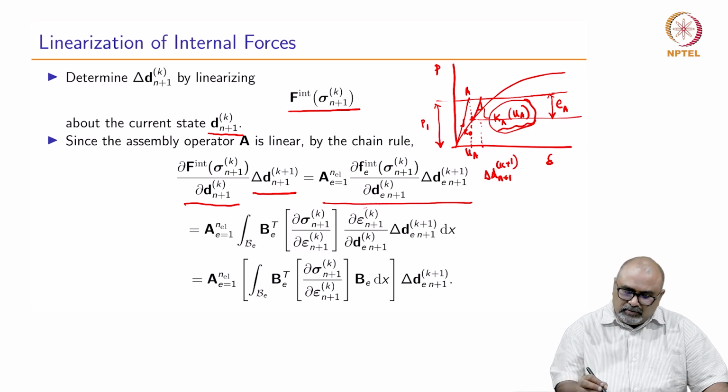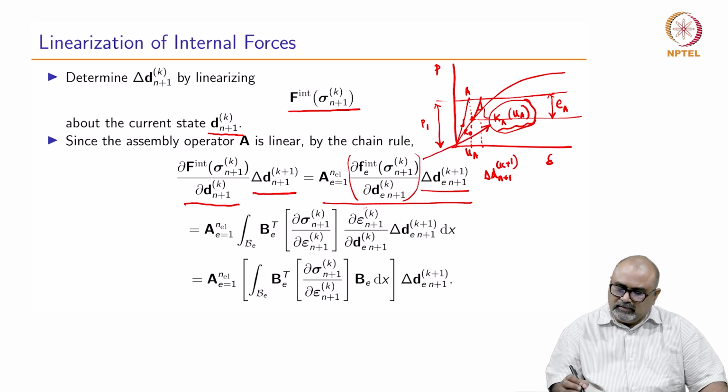So, I am going to linearize. This gives me the slope of how the internal force is changing with respect to the deformation, which is equivalent to writing Ka of ua times the incremental value of the displacement in that step, delta d_e n plus 1 k plus 1.